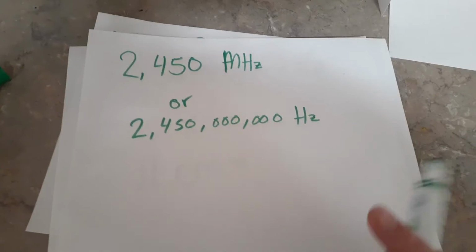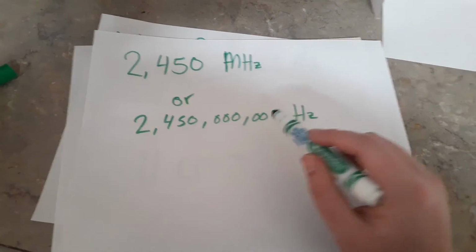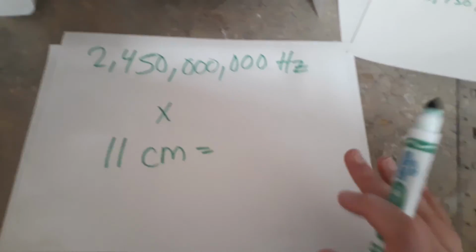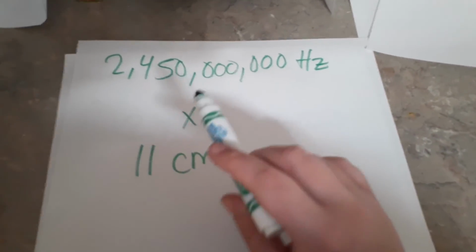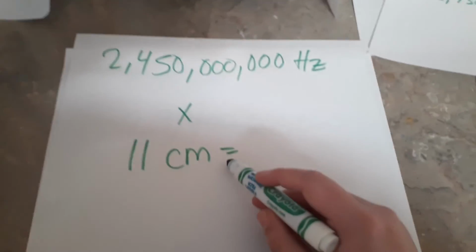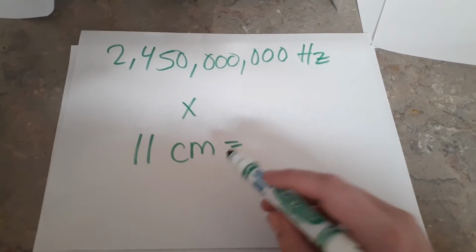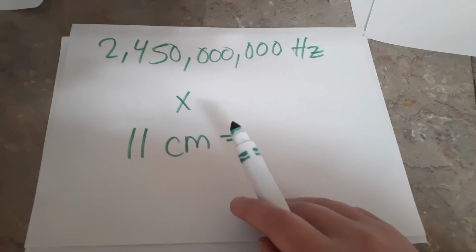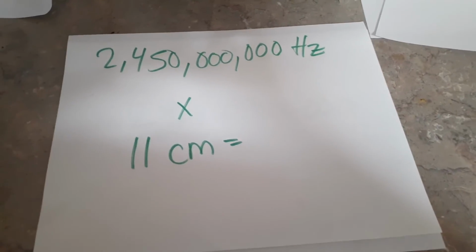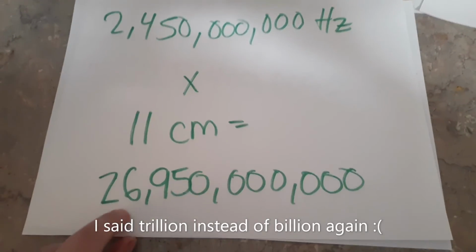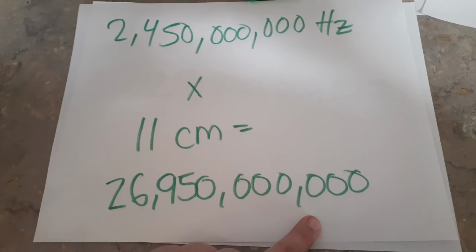So what we're going to do is multiply our frequency by the wavelength. We're going to multiply the hertz of the microwave times the length of our wave. The frequency of our microwave times our wavelength. And that's going to be a big number, so let's go ahead and do it in the calculator. And that's the number we got, 26,950,000,000.